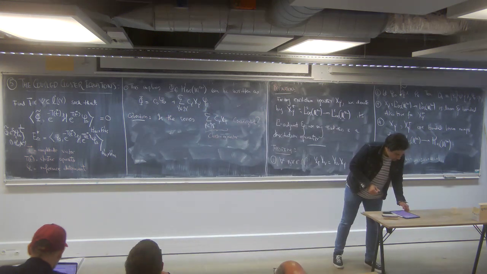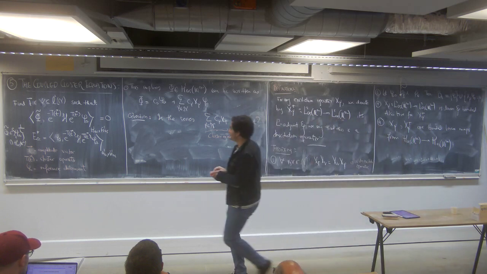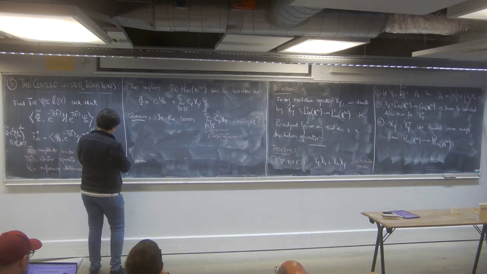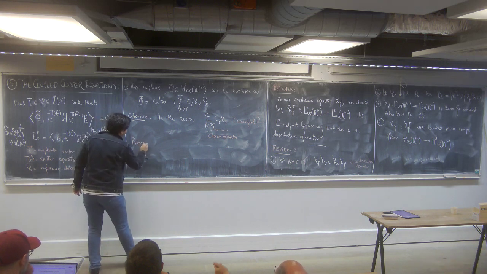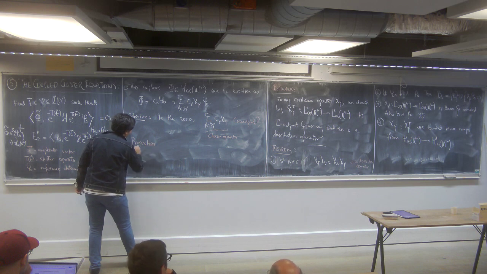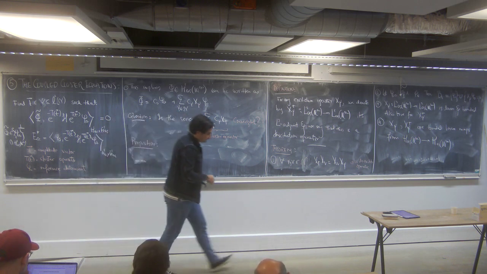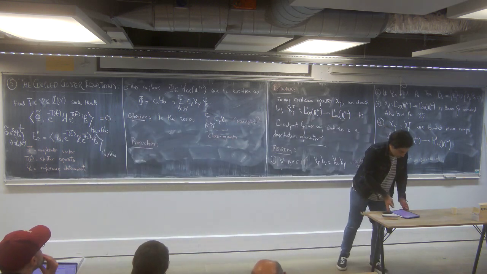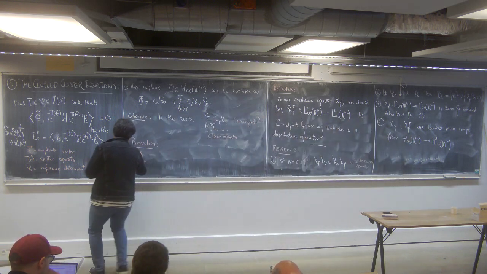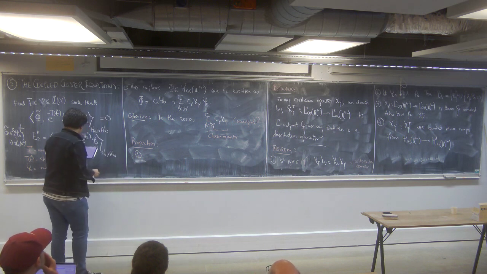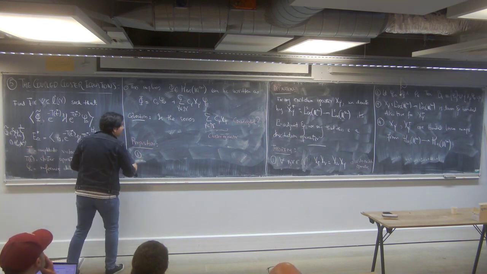Okay, so this was the question. Now we have this long proposition. This is how I have written it. There are 3 statements that I will make. The first one is the following.